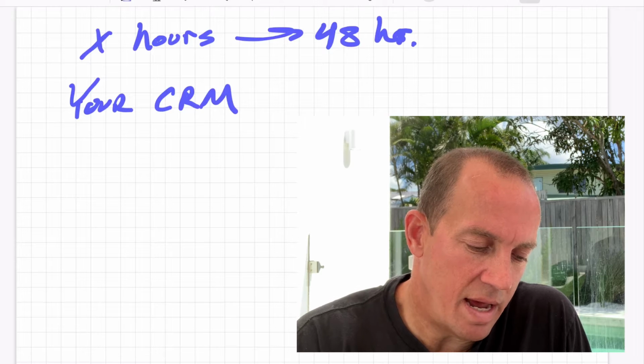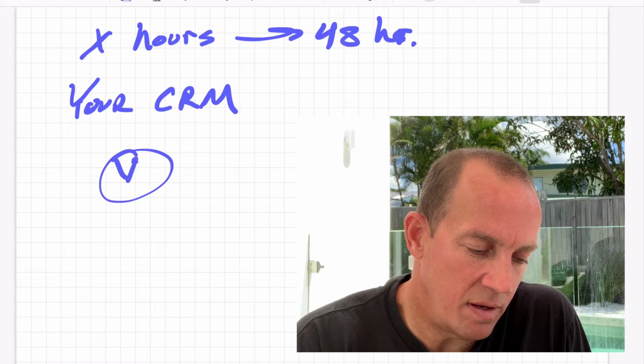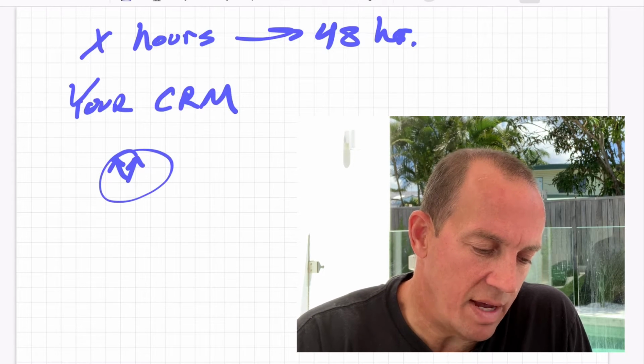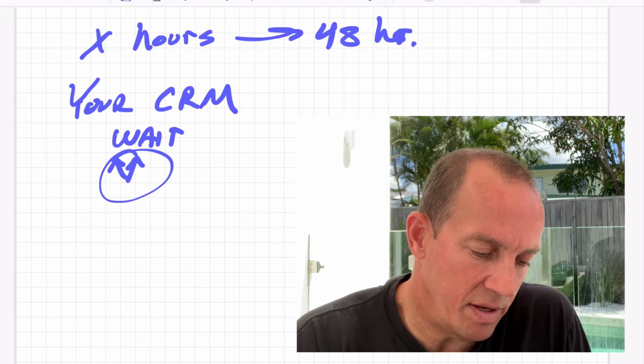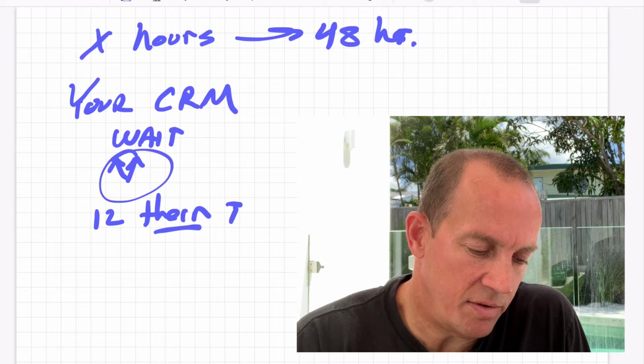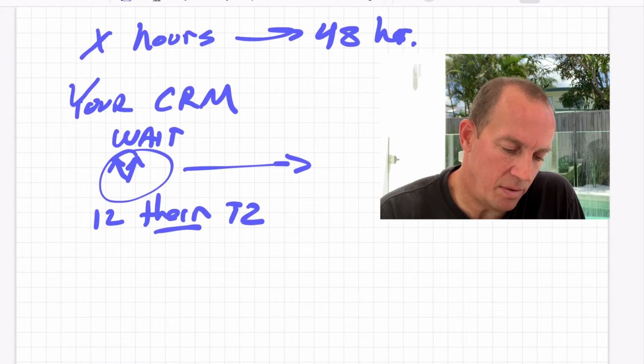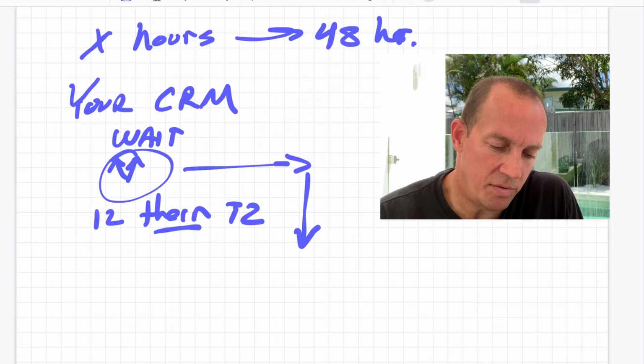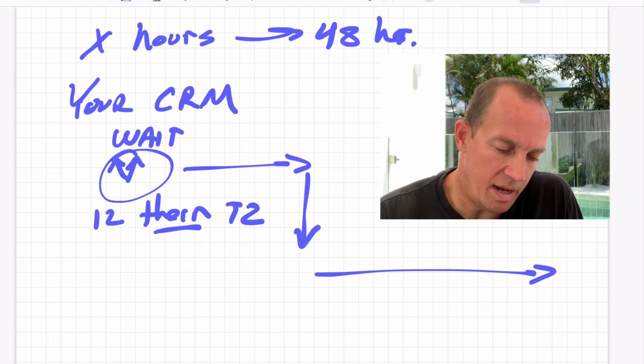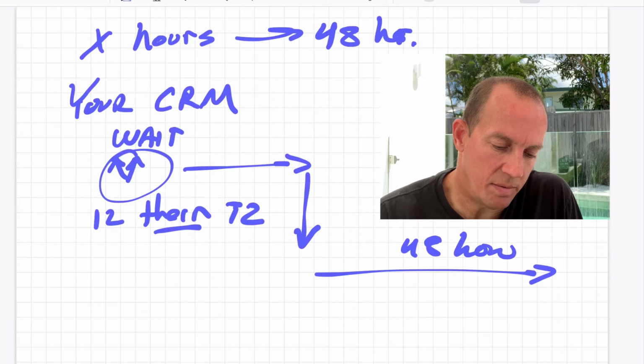So you could have a waiting event. This is a clock. A waiting event would be wait until midnight in their time zone, okay? And then it would move them into a new sequence, and this would be literally a 48-hour email sequence. So this is a second sequence, and this is just the smartest way to do this, so that you would have the deadline 48 hours.